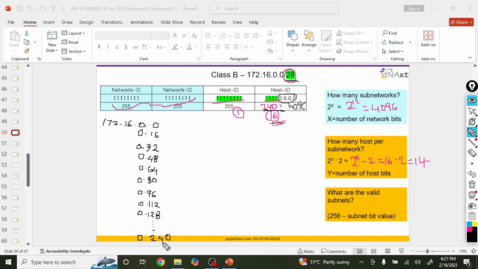So after 0.240 you will get next 172.16.1.0. So just as we got these subnets for 0.0, similarly for 1.0 also: 1.0, 1.16, 1.32, 1.48, 1.64, 1.80, 1.96, 1.112, 1.128, 1.144, 1.160, 1.176, 1.192, 1.208, 1.224 and 1.240.